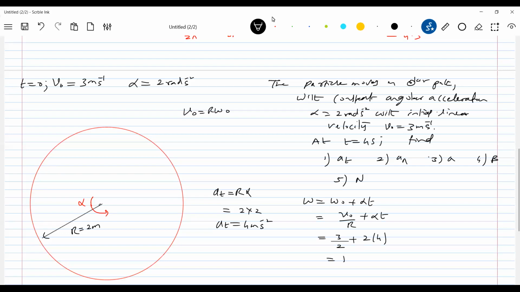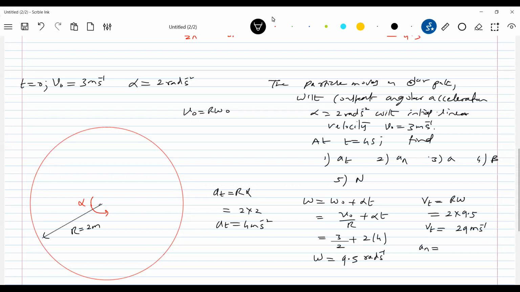So this will be 1.5 plus 8, that is 9.5 radians per second. Then tangential velocity is R omega: R is 2, omega is 9.5, which will be 19 meters per second.